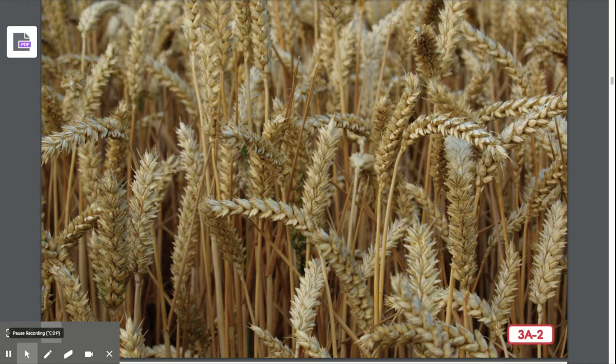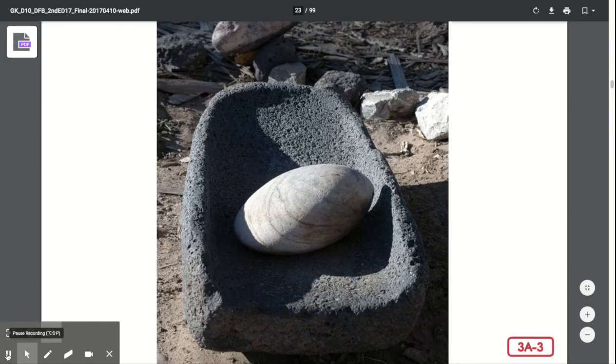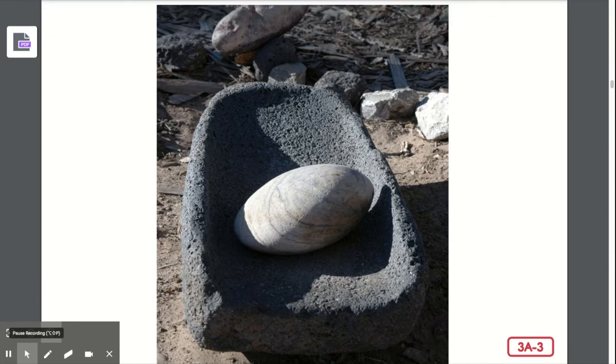A long time ago, people used to grind their own wheat, grains, or corn kernels with big stones called grindstones. Early grindstones, used by native people all over the world, were like the ones in this picture.